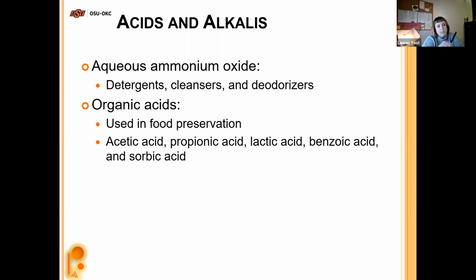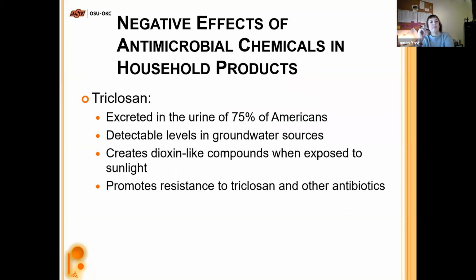Those ammonium ones are the alkaline ones. Then we have organic acids, which are low pH. We use them for food preservation. Acetic acid, remember, is vinegar, so things that we preserve in vinegar. I'm sure you guys have bought things like that, and whatever other acids you can preserve things in.